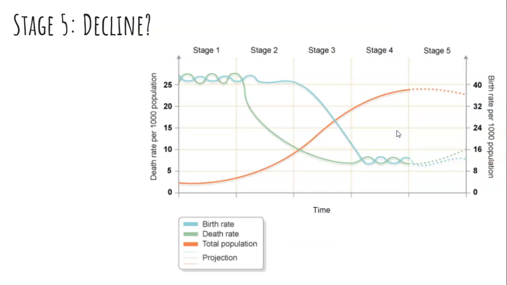Now, over the last few decades, there's been the idea that maybe there's an additional stage, stage 5, where population no longer is growing or maintaining its current level, but is actually declining, where the death rate, because people are living so much longer, their life expectancies are so high, and because people are having fewer and fewer babies within these societies, deaths overtake births and your population actually starts to decline naturally.